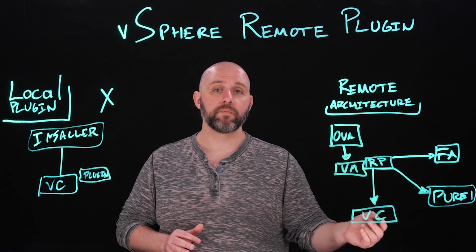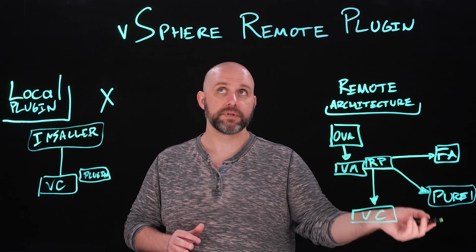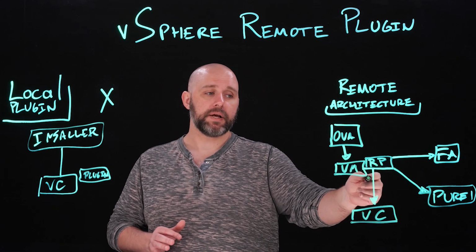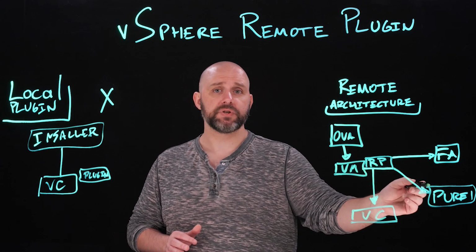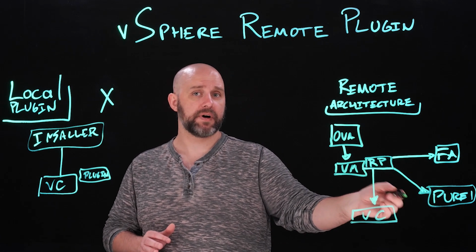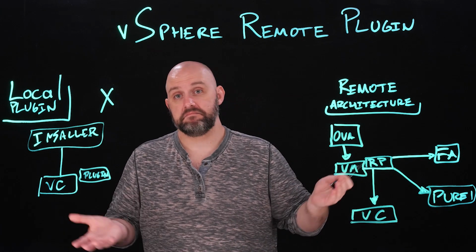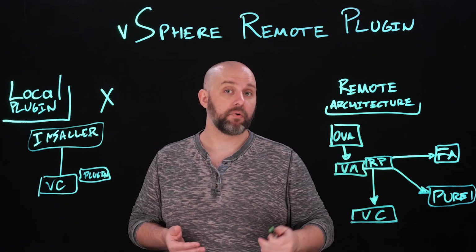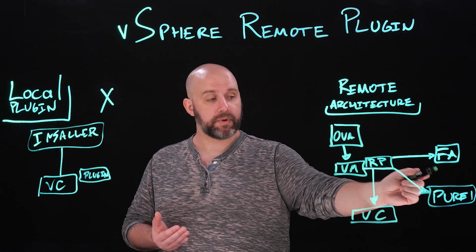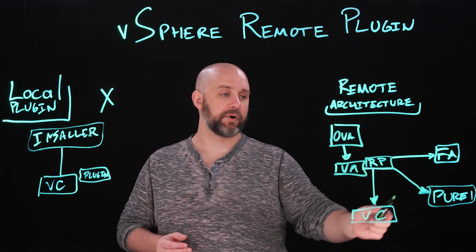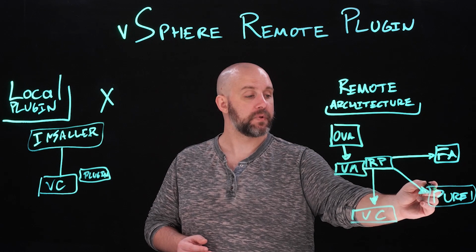Also, with Pure One, we're able to make available upgrades for the plugin and appliance. So if there's a new plugin version that's been certified and is available, you would be able to query against Pure One saying, hey, is there a software upgrade for the plugin or the appliance? And if there was, we would be able to make it available. You would be able to run the Pure software command to upgrade the plugin or the appliance.